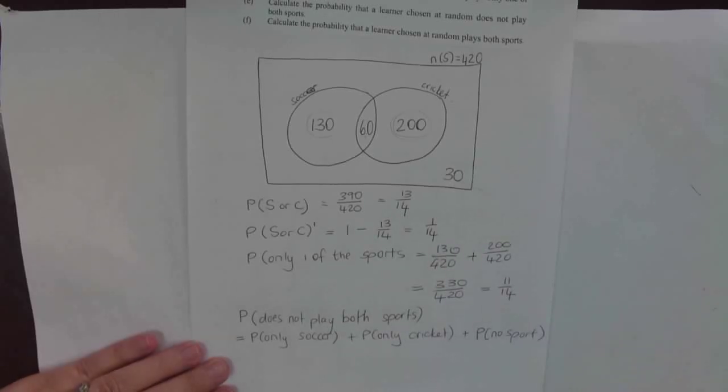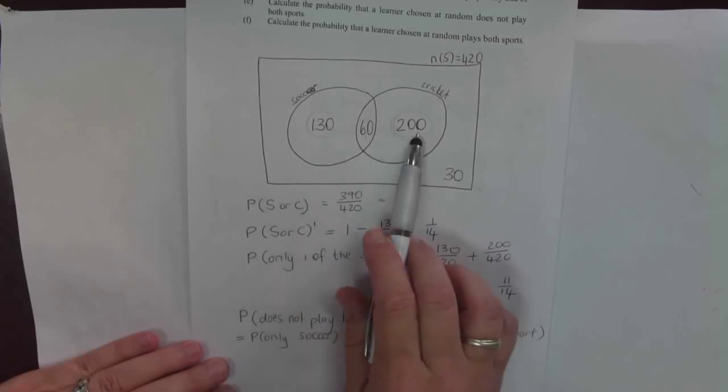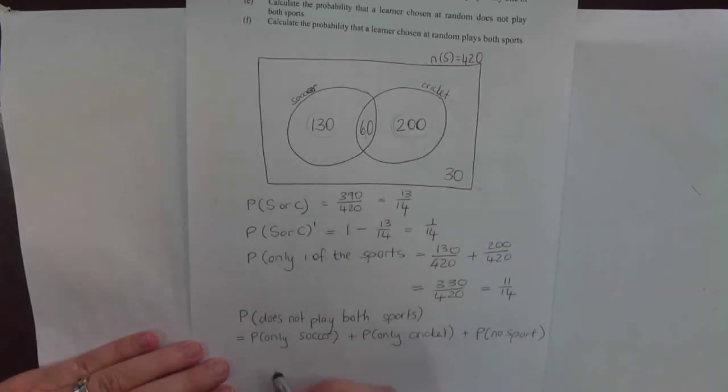That's also an option. So if I add that, 130, 200, that's 2, that's 3, 60 out of the 420, and that's 12 over 14, which can be simplified to 6 over 7.